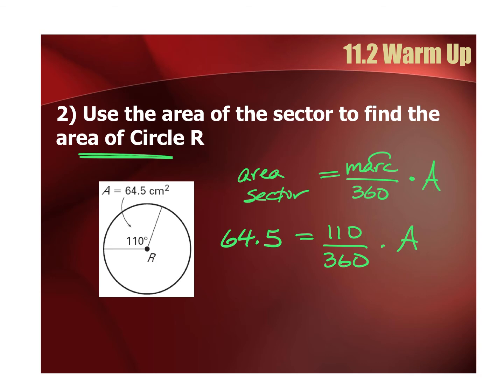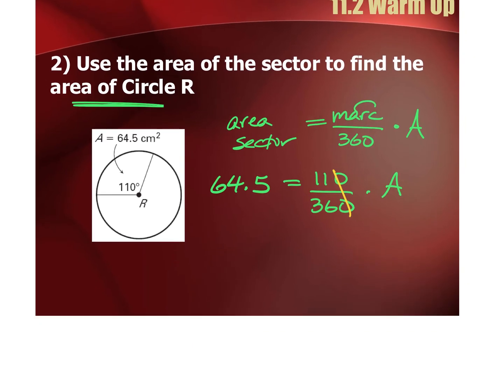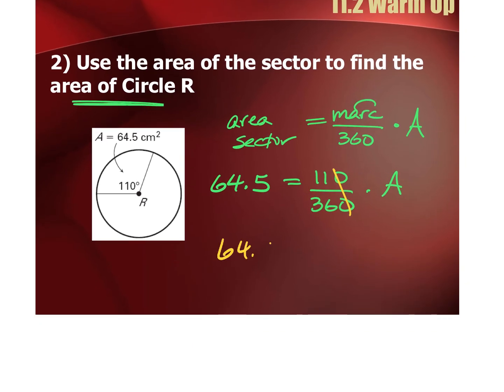Now, if I want to simplify this, I could make this 64.5 equals 11 over 36 times A. To solve for A, I'm dividing by that fraction, which is really multiplying by the reciprocal. So I'm going to multiply both sides by 36 over 11.